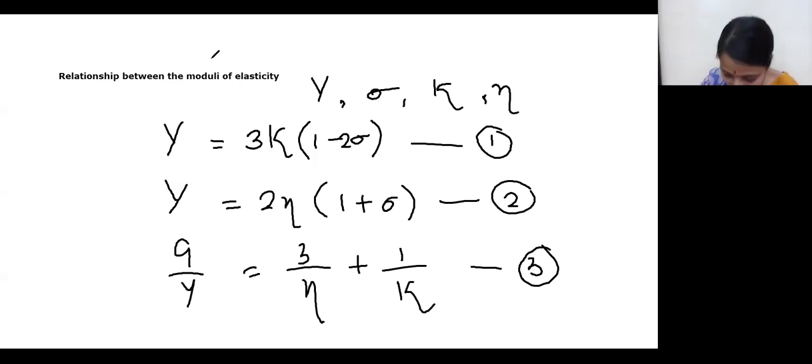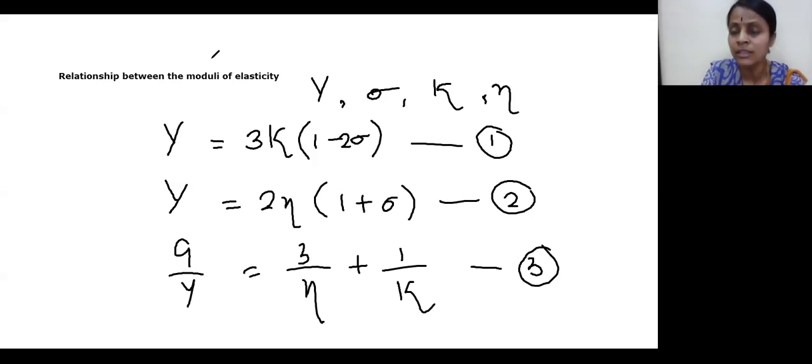So you have 3 relationships that denote the relationship between them. Mathematical relationship is more than enough, no need for any derivations. So 3 moduli with 1 Poisson's ratio and the relationship that is going to link them mathematically in equation form. Is that clear, children? Is that clear?